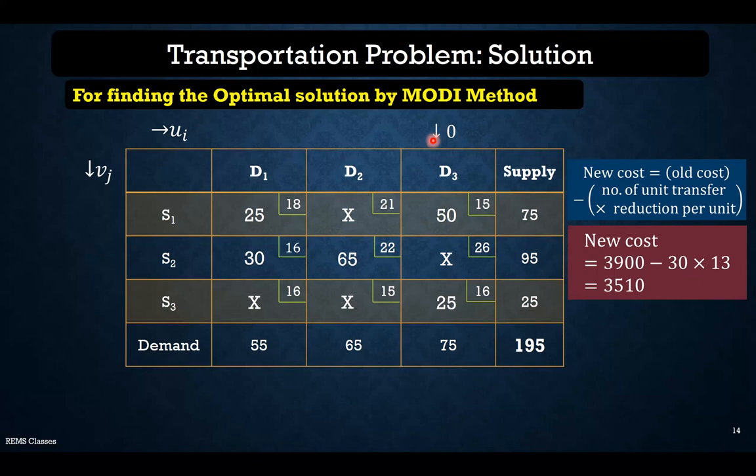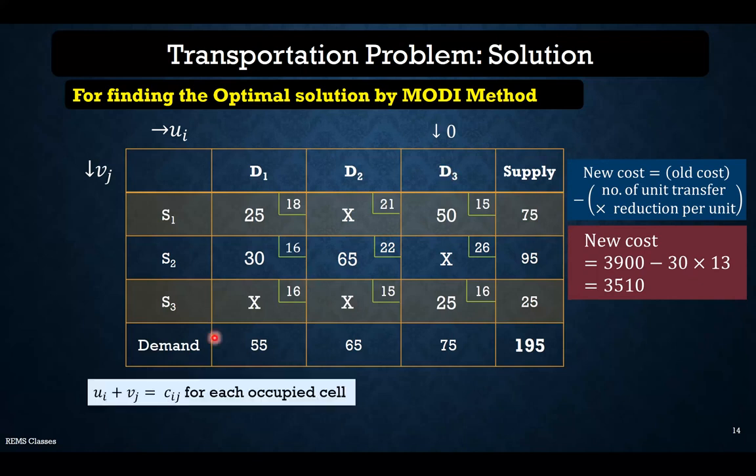So we have assigned 0 in this column. Next we will make use of this particular formula, Ui plus Vj equals Cij, and we will find the values of U1, U2 like that. So we can find 15. If this is 0, then this will be 15 and this will be 16, because this equals this plus this, so it is 16.